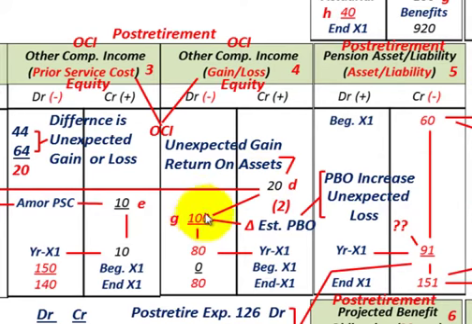Now we're also going to have another reduction, or a change in estimate to the projected benefit obligation in this case on these post-retirement, and we'll get into that number.